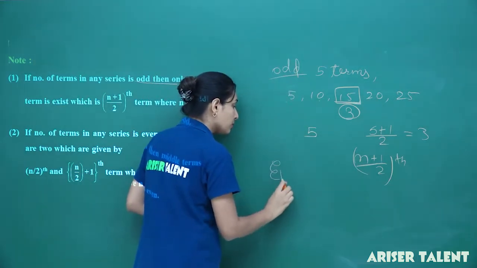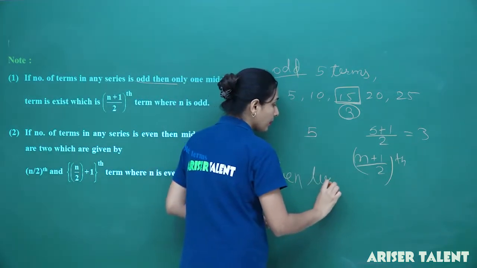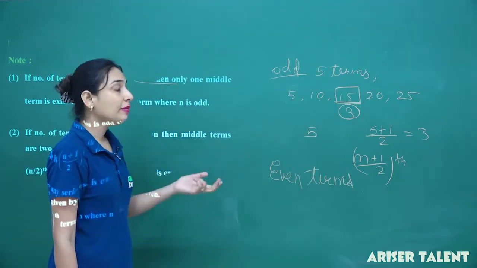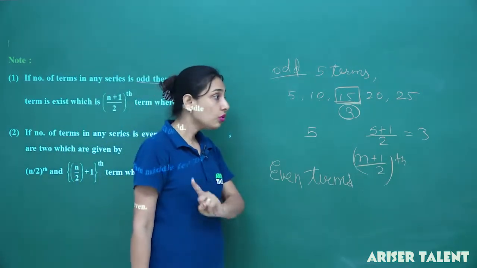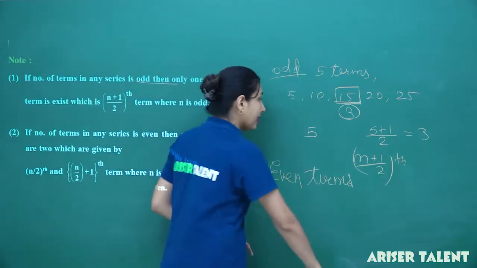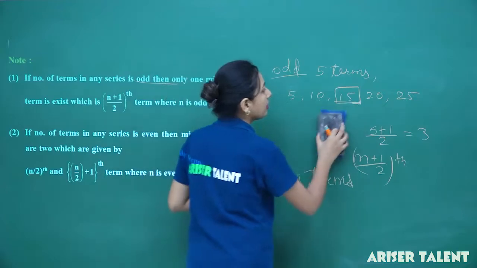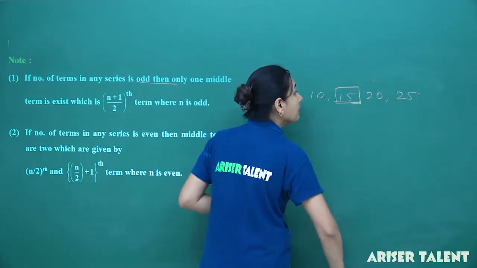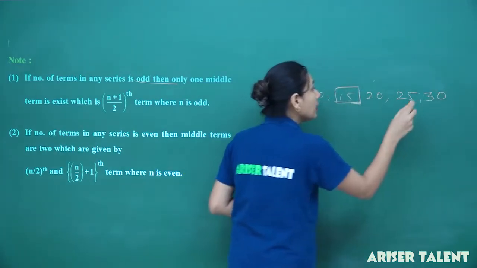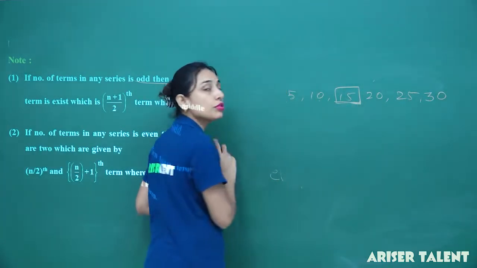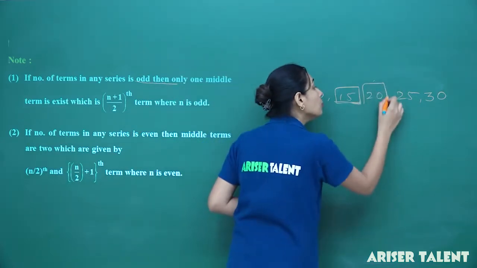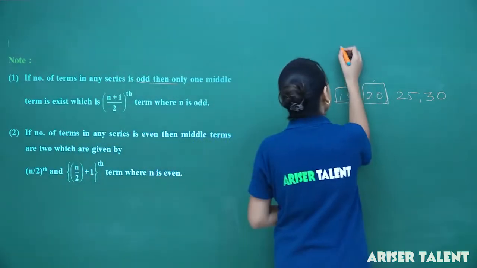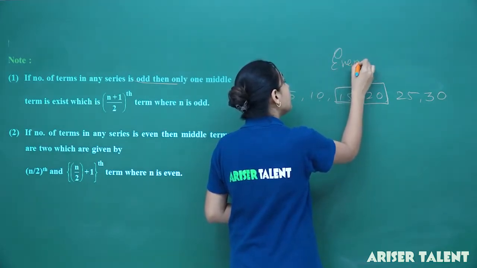Now, students, if you are having an even number of terms, can there be a single middle term? No, there cannot be. If I extend the same series by adding 30, so 1, 2, 3, 4, 5, 6 terms, now there will be 2 middle terms, right? 2 middle terms, not 1, in case of even.